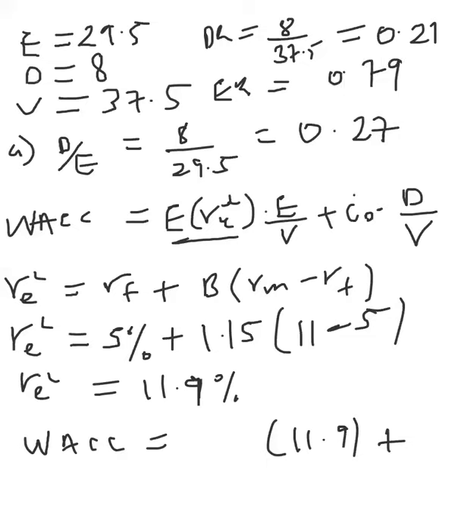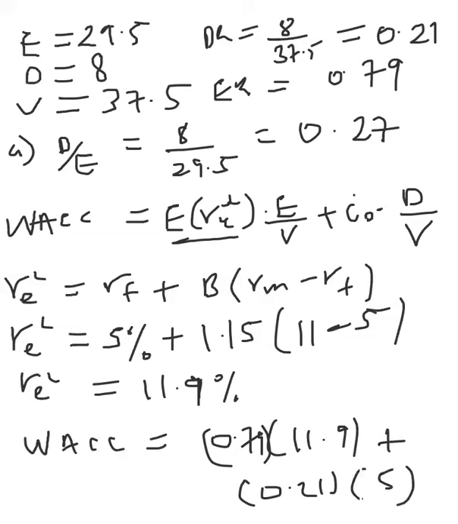Right, so I'm going to write here 0.79 plus 0.21 into bracket. What is the cost on debt? When you check the question, the risk-free rate is 5%, so that is 5%.